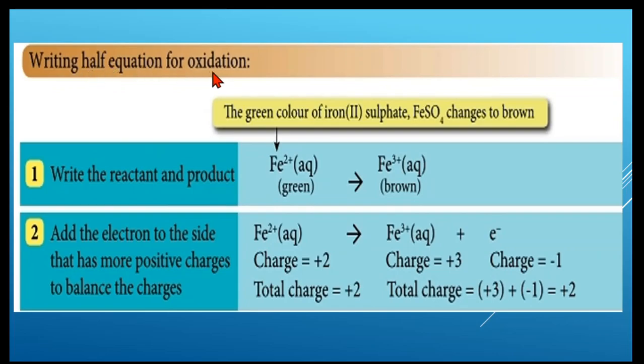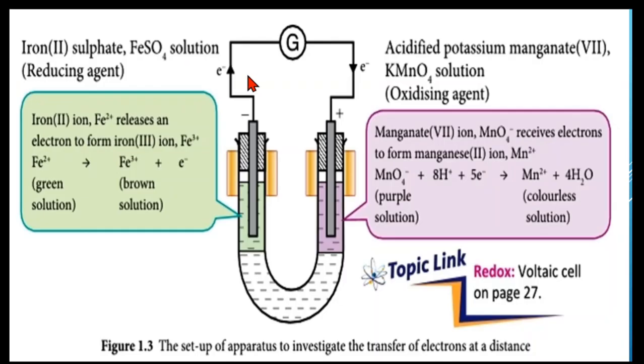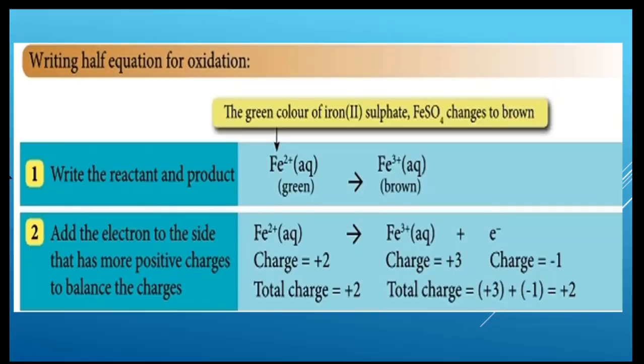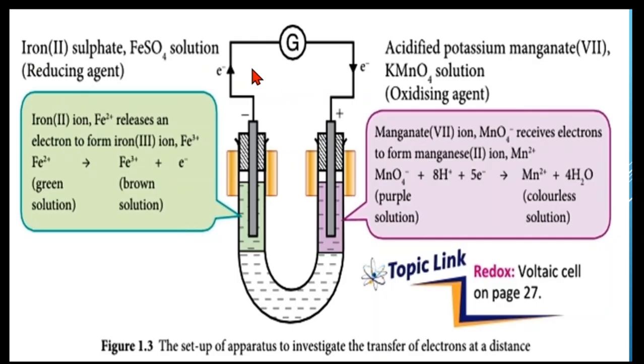Writing the half equation for the oxidation. This is the oxidation, loss of electrons. The iron(II) sulfate solution, FeSO4, changes from green to brown, but here we only take the iron because the iron is what loses the electron.